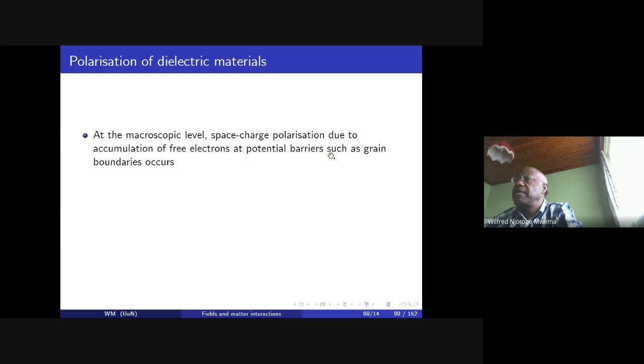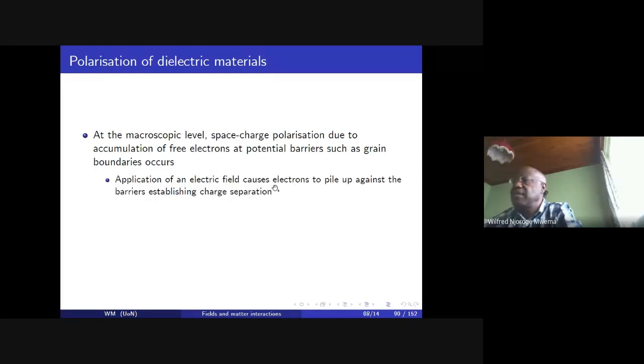They'll form boundaries where impurities could accumulate, and if they are charged, this will be an accumulation of charged particles and will introduce polarization in the material. Application of an electric field will cause the electrons to pile up against the barriers, and will establish a charge separation and therefore an electric dipole.